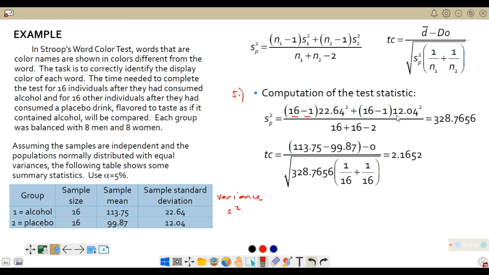Plus, 16 minus 1, because we have 16 participants in the second group, times 12.04 squared, or the standard deviation squared, over the number of samples for the first group, 16, plus the number of samples in the second group, 16, minus 2. Okay? Nasusundan? If you simplify this, you will end up with 328.7656.